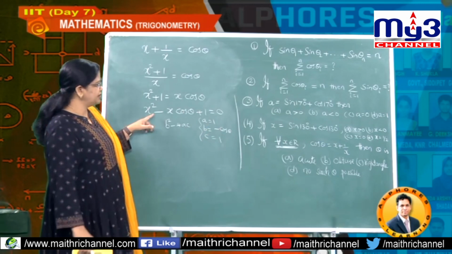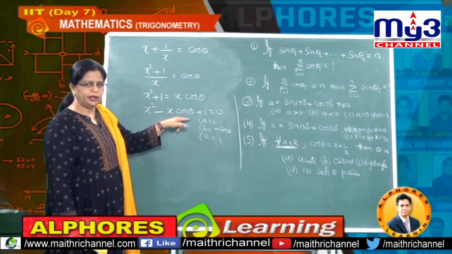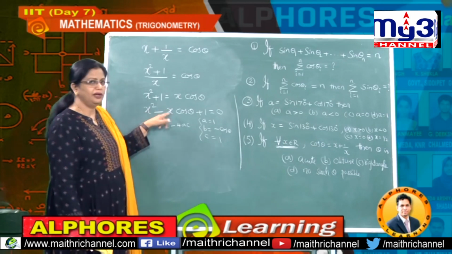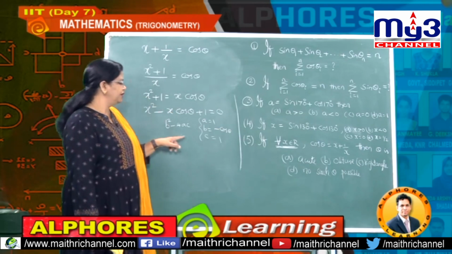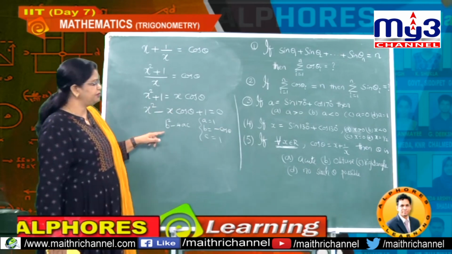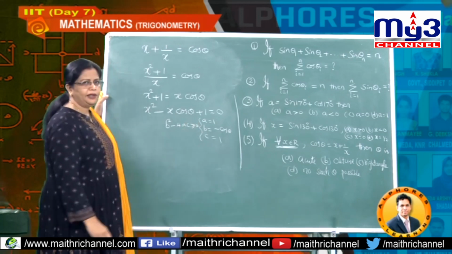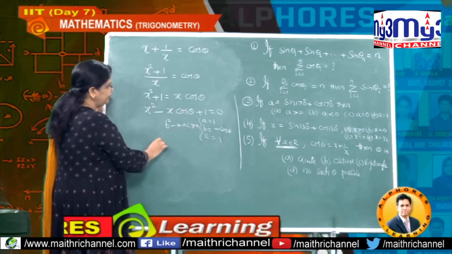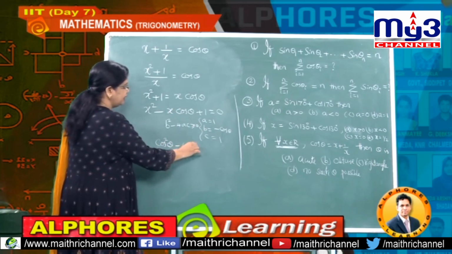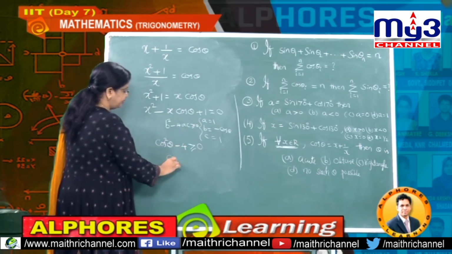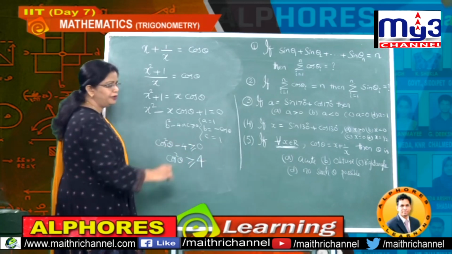Understand, it is a quadratic not in theta, it is a quadratic in the variable x, that is why x belongs to R is given. So we are using the concept discriminant greater than or equal to 0. Then cos square theta minus 4 is greater than or equal to 0. So cos square theta is greater than or equal to 4.